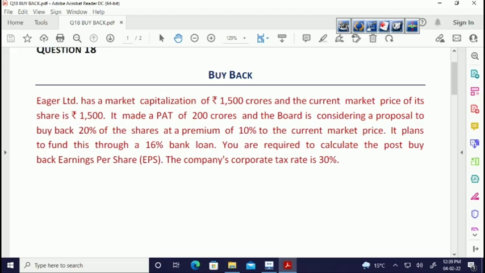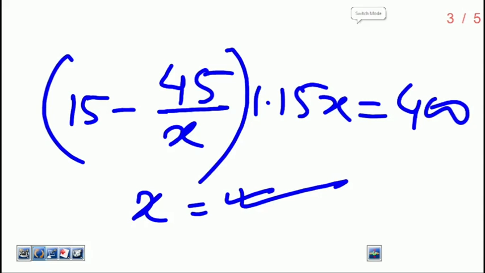It plans to fund this via bank loan at 16%. So 330 into 16% is the interest expense, 52.8 crore. You are required to calculate the post buyback EPS, tax rate 30%. This is damn easy.